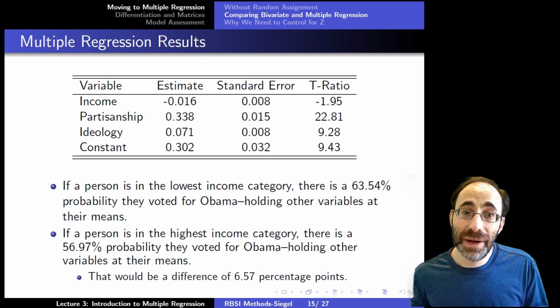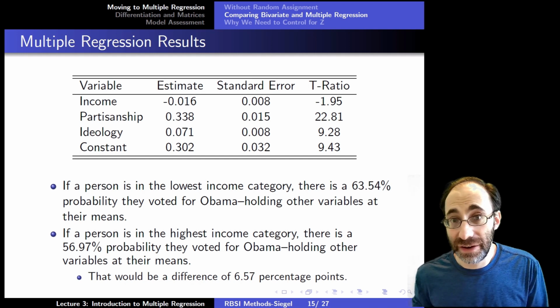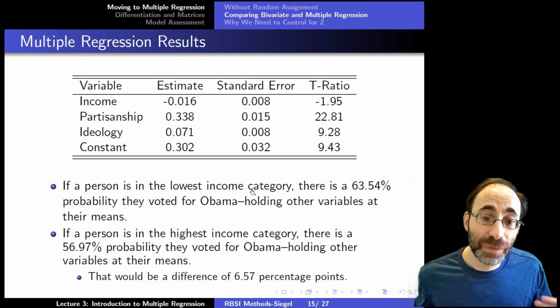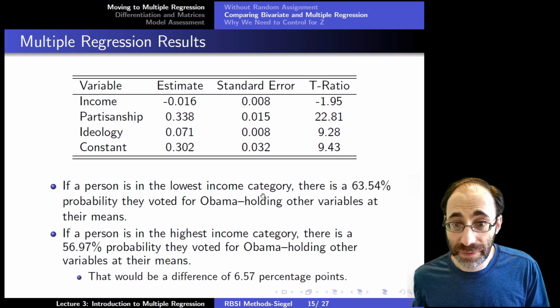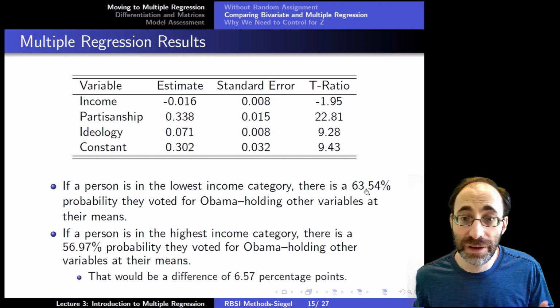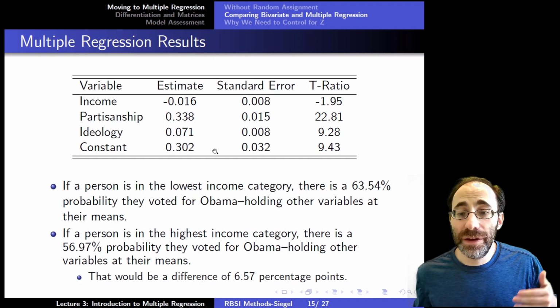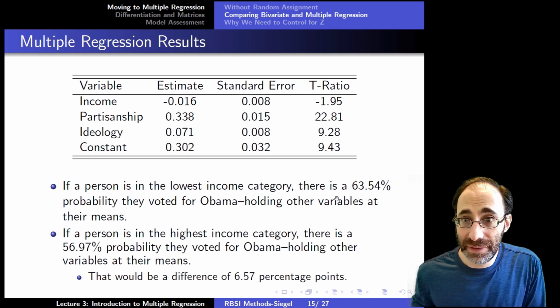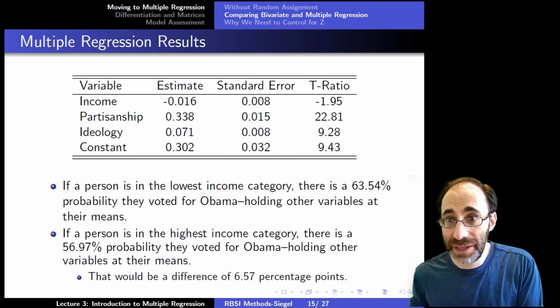We can check that by, again, predicting our values on vote. So if a person's in the lowest income category, again, this is 0 for income, we get in this new model a 63.54% chance of voting for President Obama, holding all other variables at their means. What does that imply, to hold other variables at the means?